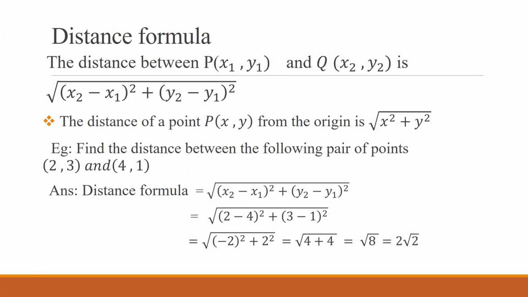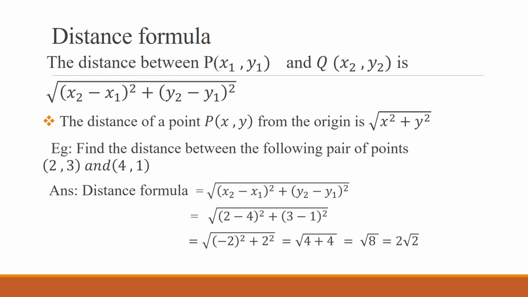Distance between 2 points. The distance between any 2 points in a plane is the length of the line segment joining them. So, the distance between 2 points P(x1, y1) and Q(x2, y2) is given by the square root of (x2 minus x1) whole square plus (y2 minus y1) whole square, that is, the difference of their abscissae whole square plus the difference of their ordinates square.